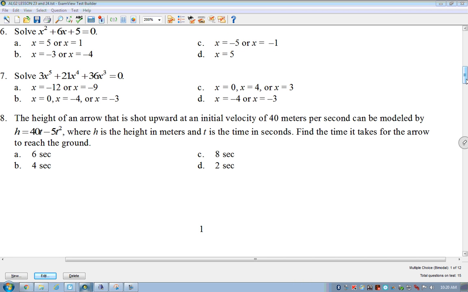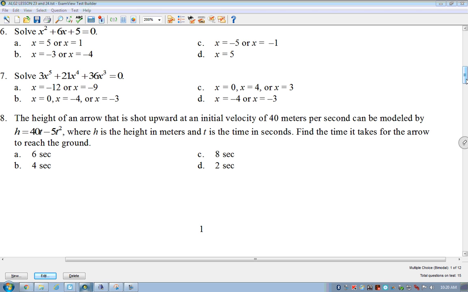Okay, let's look at number 7. What do I need to do with number 7 first? Because it's not in the form of x squared plus bx plus c, right? It starts off with 3x to the 5th. What do I do?